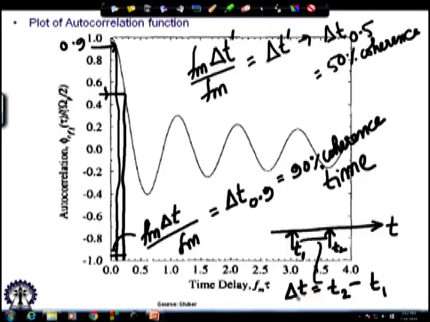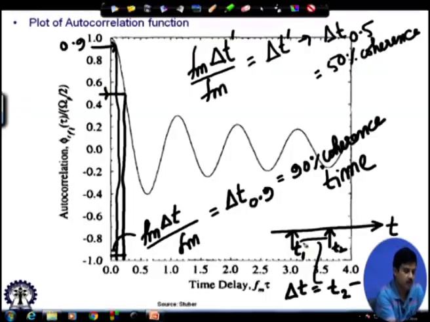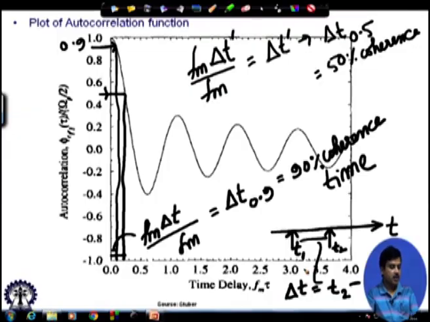So, if this delta t is equal to delta t 0.5, then at this point the signal would be 50% correlated. The assumption we have made over here is wide sense stationary. That means it is not dependent on t1 and t2, but simply dependent upon the lag time between t1 and t2.